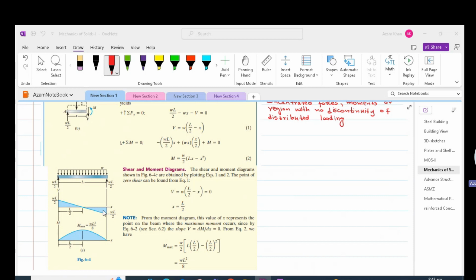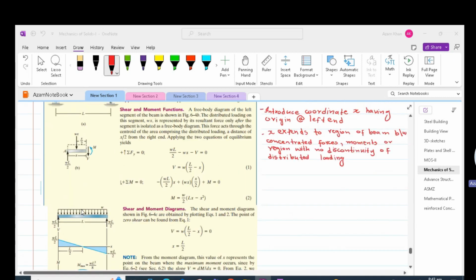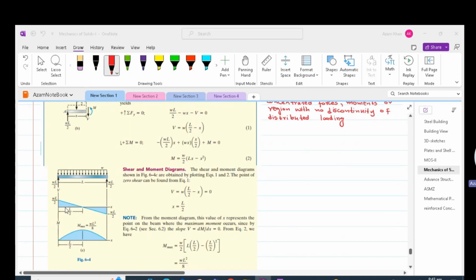Unlike the axial stresses and strain case, where we had a load applied only at one point and the stresses or strains were constant in the structure, in the current case where the load is applied vertically, there is variation in the internal effects. Therefore, we need to know how the shear force and bending moments are varying as we move along the beam.